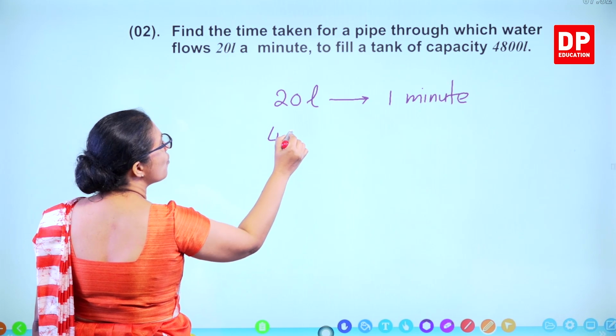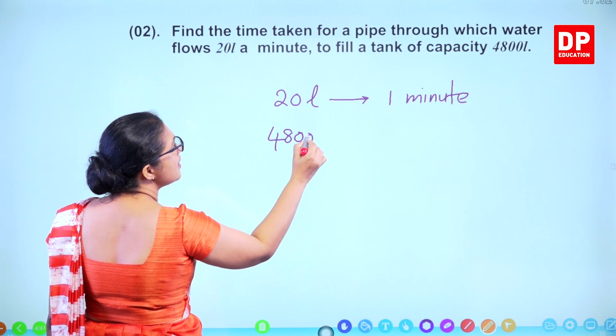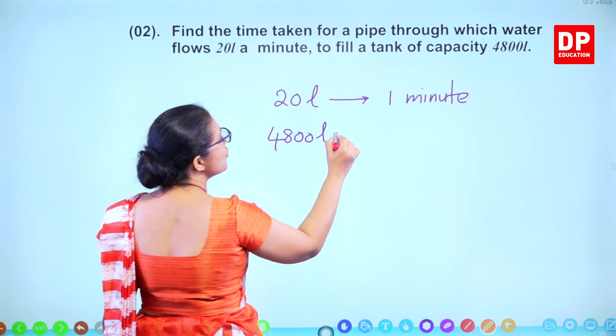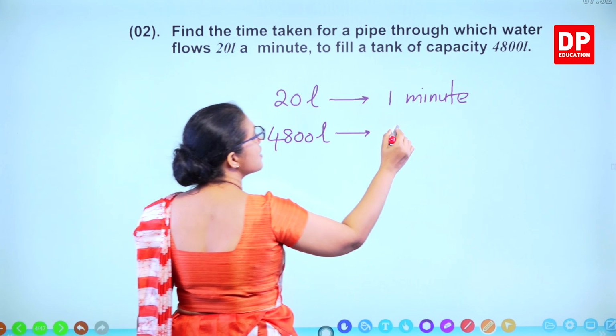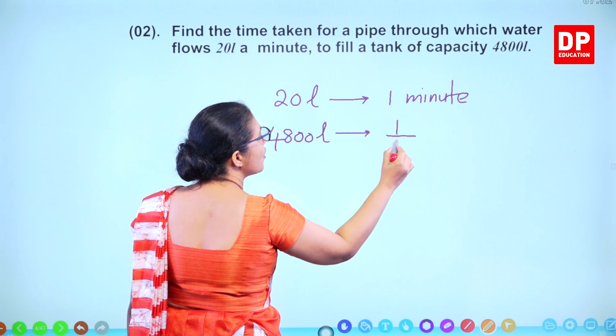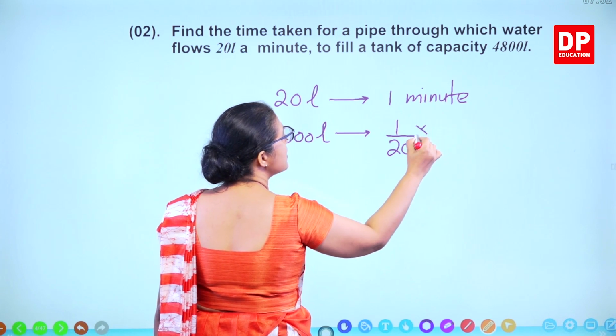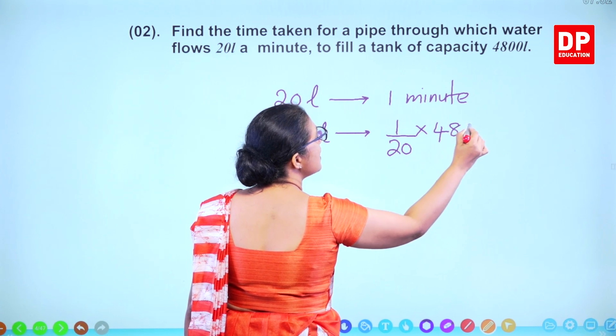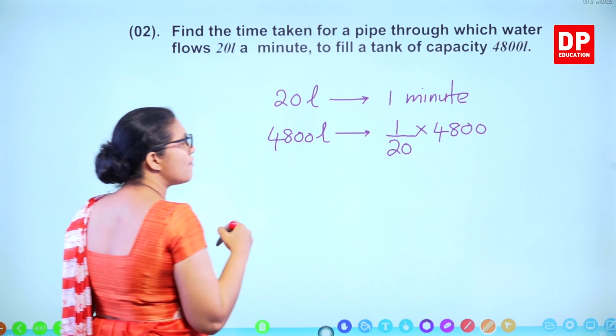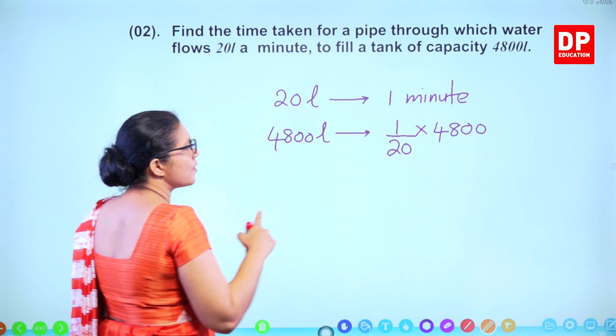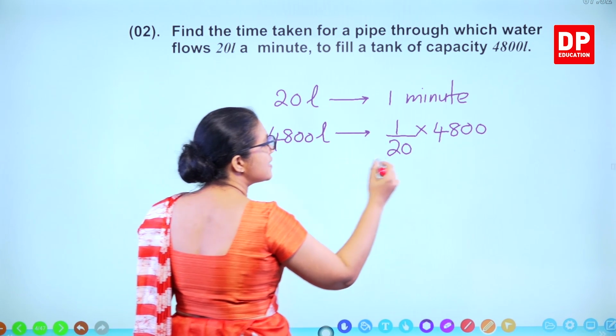What about 4,800 liters? So what you do? You first take 1/20 and multiply by 4,800. You just divide by 20. So you get this value in minutes.